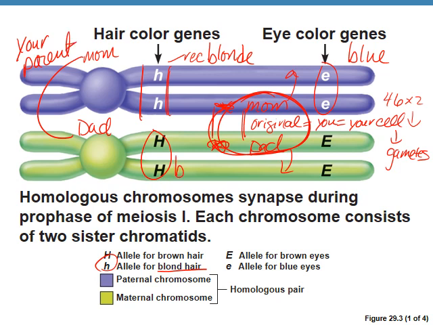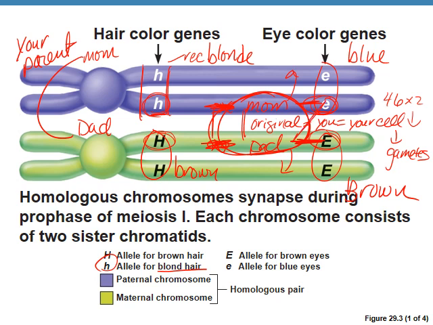Your dad had a brown hair allele and a brown-eyed allele. What did you have? This is you. You're carrying recessive alleles, but the dominant ones take over. So you've got brown hair and brown eyes, just like your dad. But you have these recessive alleles hiding.